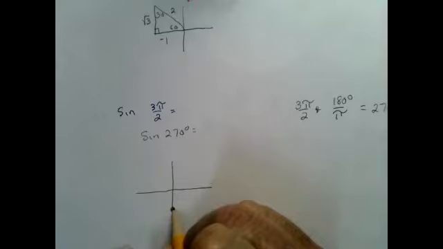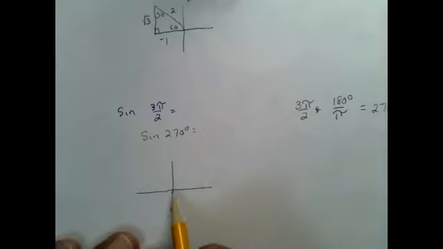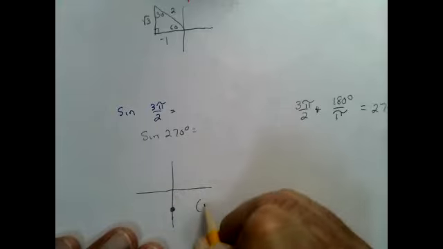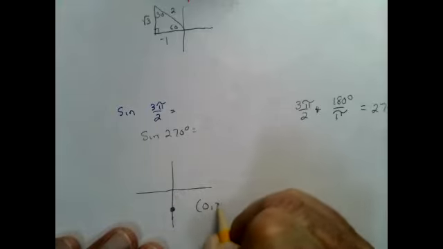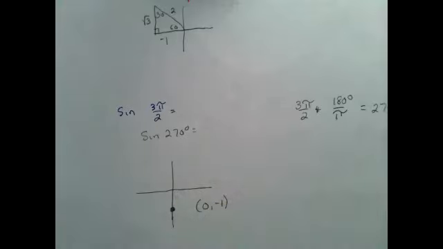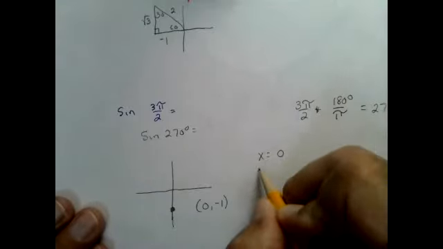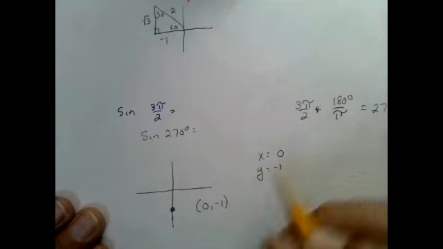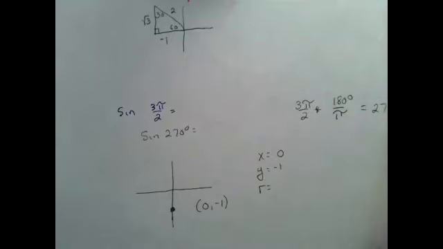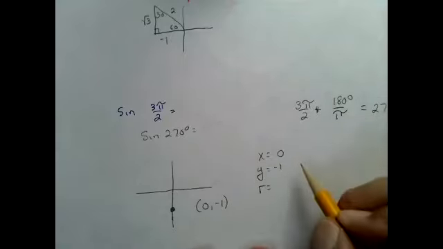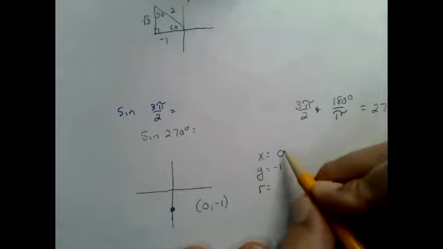Okay, this is good. We haven't done one of these problems in a while. When I take a look at this, I know that this is the ordered pair 0, -1. So this gives me x equals 0, y equals -1. And now I need to find my r. 0 squared plus 1 squared.